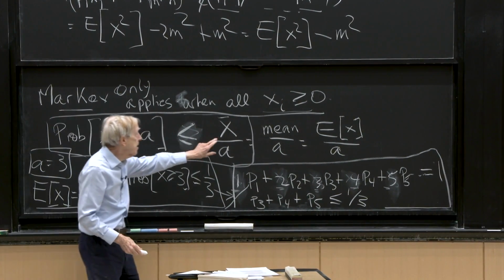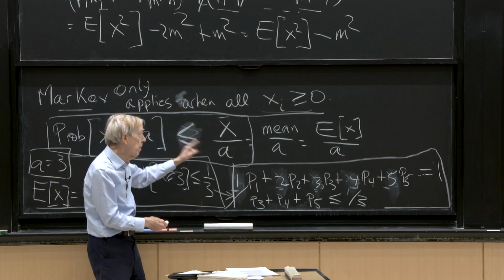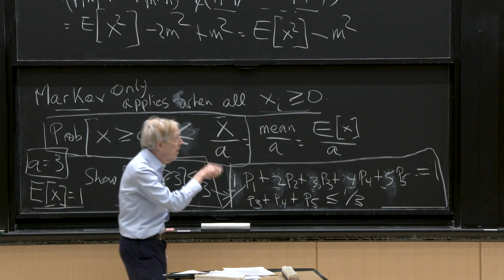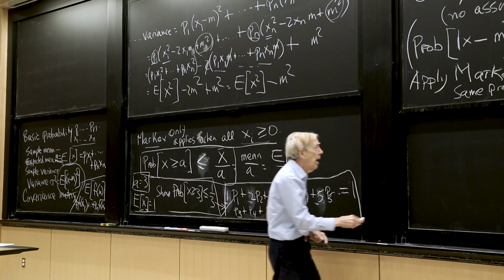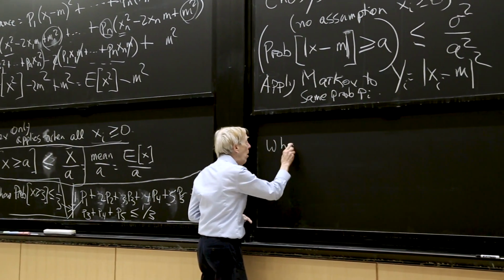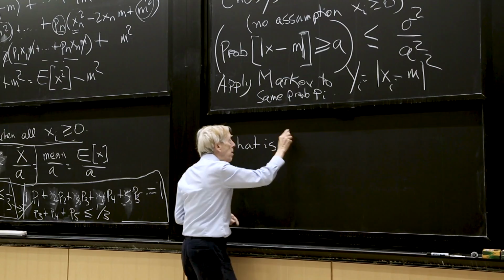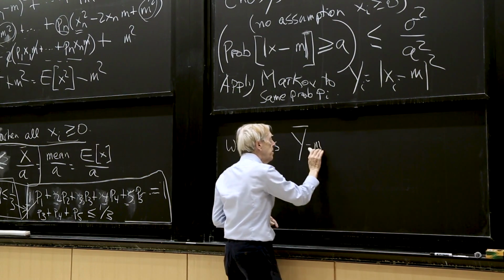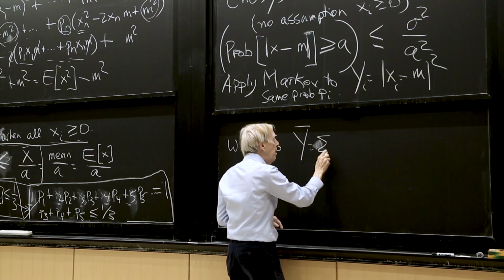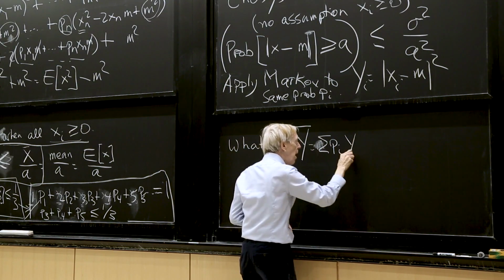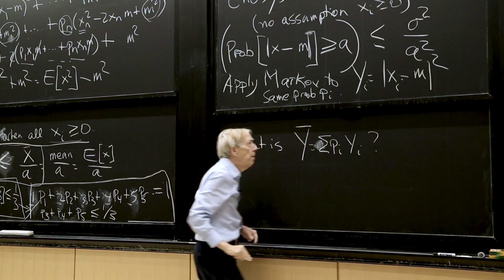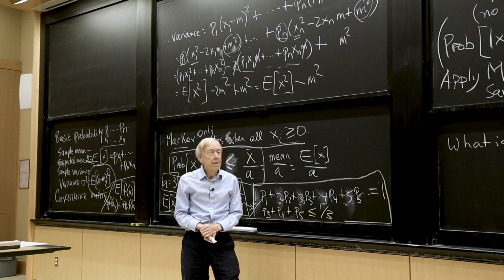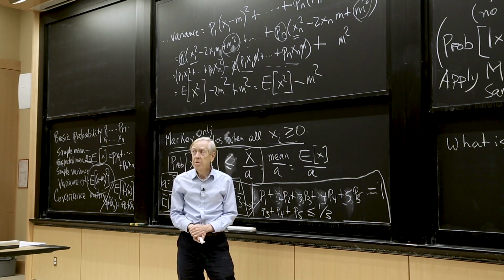So what is x bar? If I want to apply Markov, I have to figure out the mean of x. Over here, I have to figure out the mean of y. The mean value is the sum of probabilities times y's. You're supposed to recognize it.